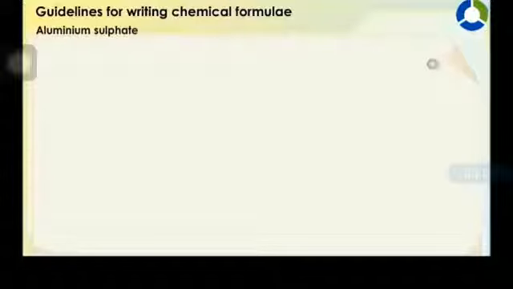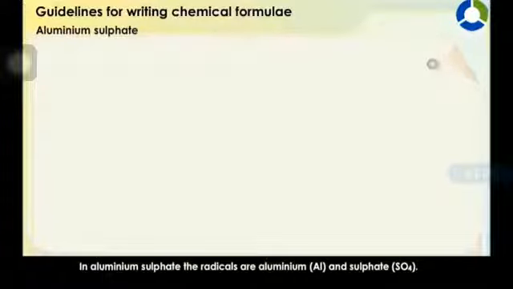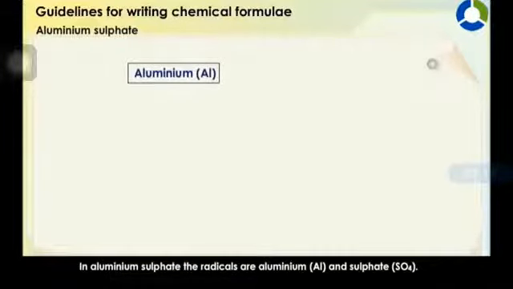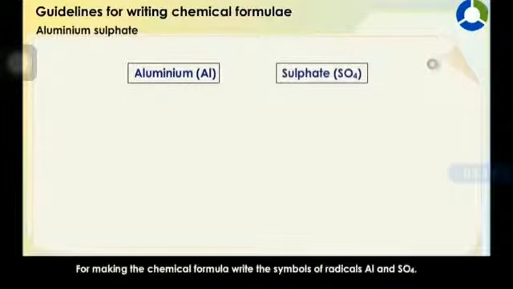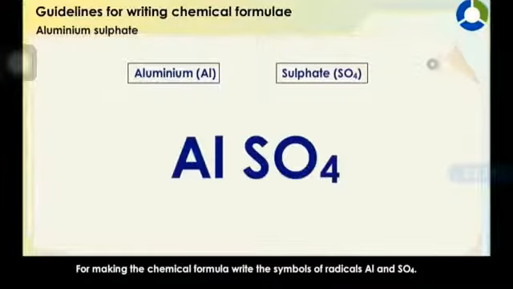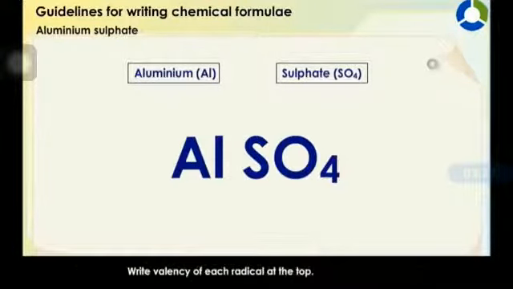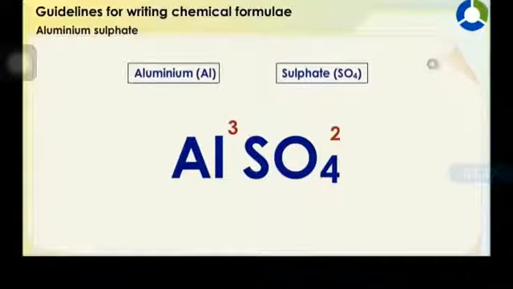Aluminium sulfate. In aluminium sulfate, the radicals are aluminium Al and sulfate SO4. For making the chemical formula, write the symbols of radicals Al and SO4. Write valency of each radical at the top. Al valency 3, SO4 valency 2.